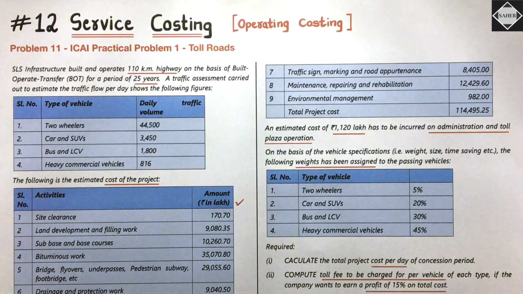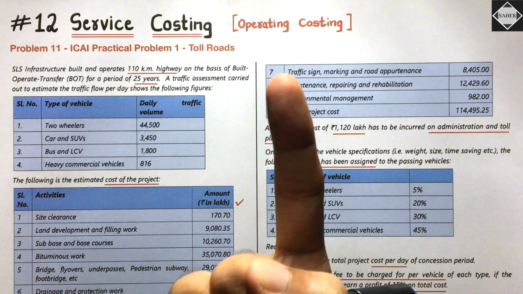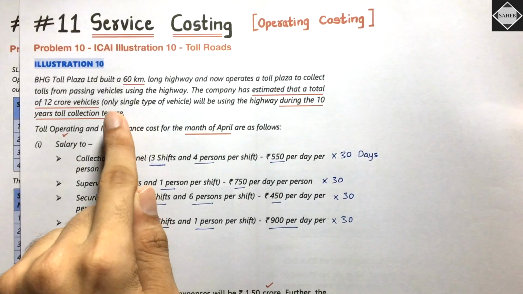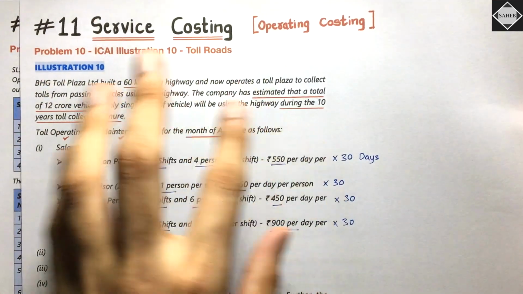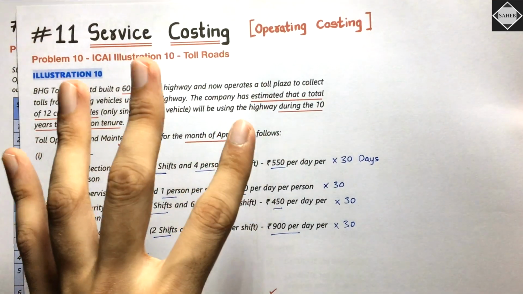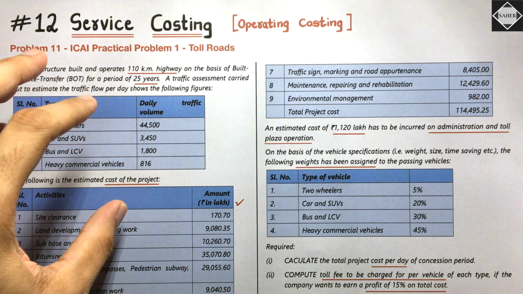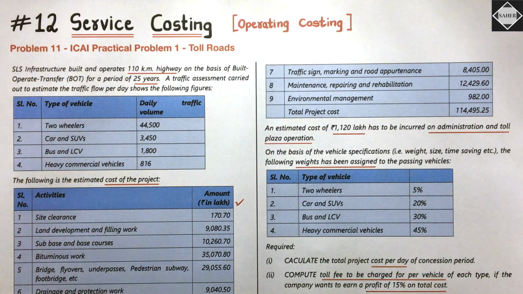Now you have to understand one thing over here. In the previous question it was just one type of vehicle, so we didn't have any problem. That was just a bookish question. It is not reality. This is reality: there will be many different types of vehicles, and we charge different prices.